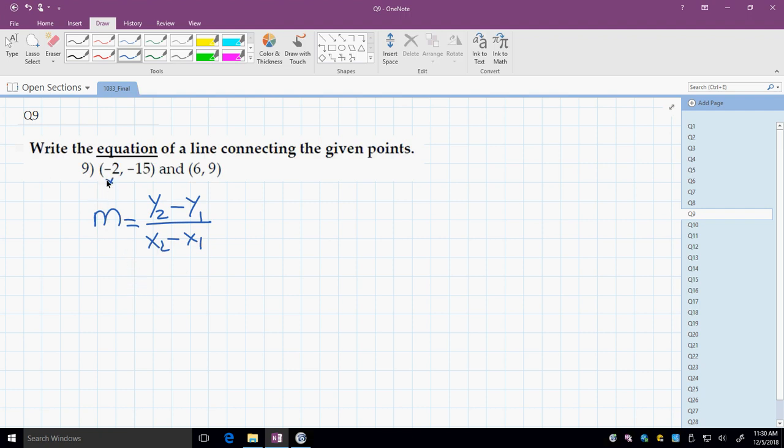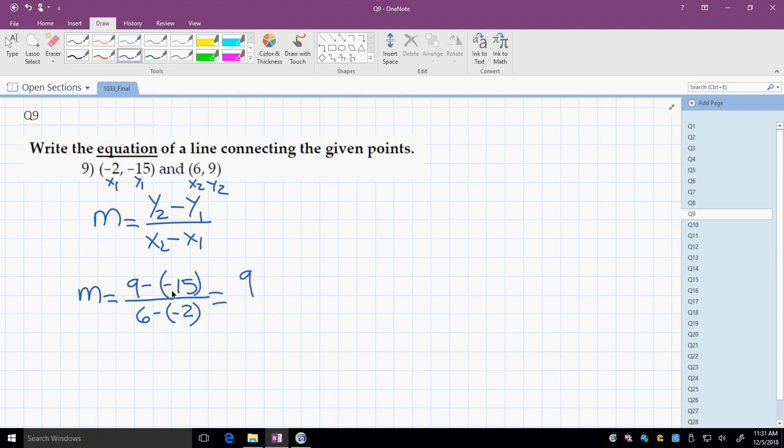I like to label, if not I get confused. x2, y2. y2 is 9 minus, always pay attention to the signs in here, they do it on purpose to get you with the signs. So make sure that you write minus, and it's going to be minus 2.